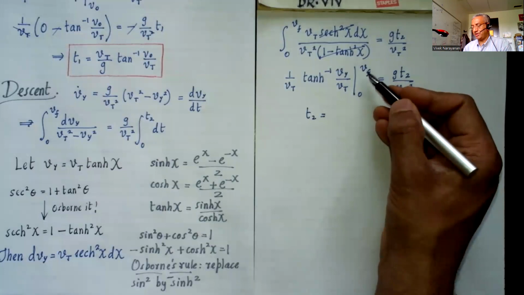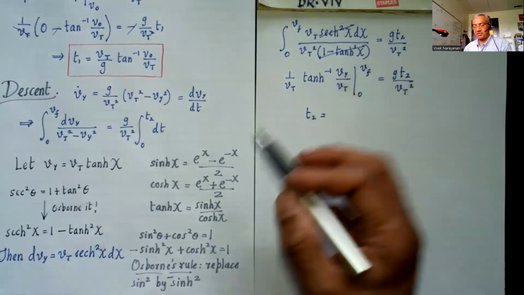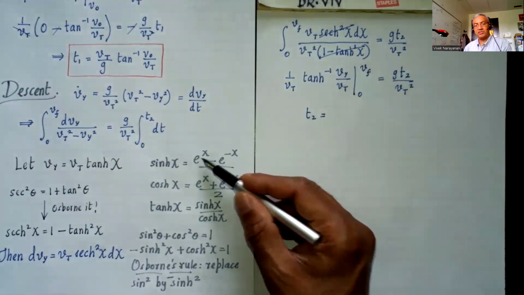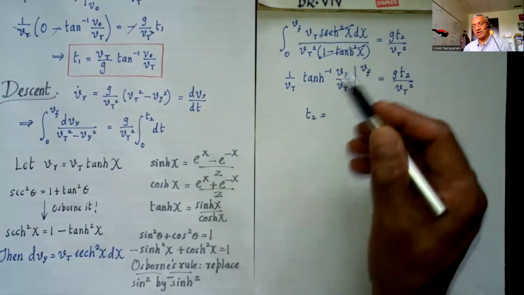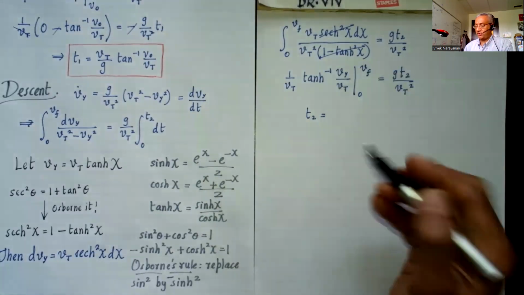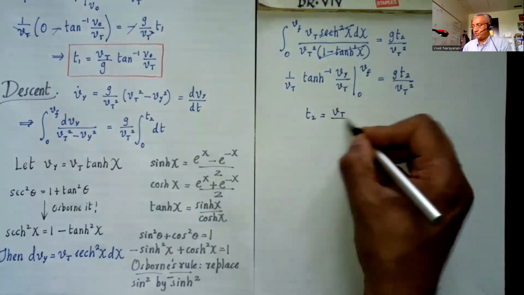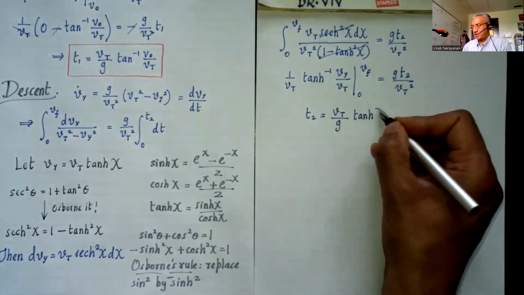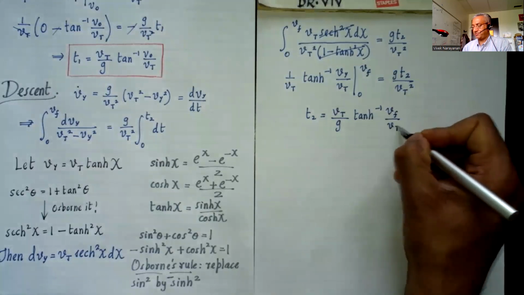And then I evaluate the limits. The upper limit contributes, the lower limit doesn't contribute, because sinh of 0 is 0. So tan hyperbolic of 0 is 0, and so the inverse tan hyperbolic of 0 is also 0. So this gives me Vt over g tan hyperbolic inverse Vf over Vt.